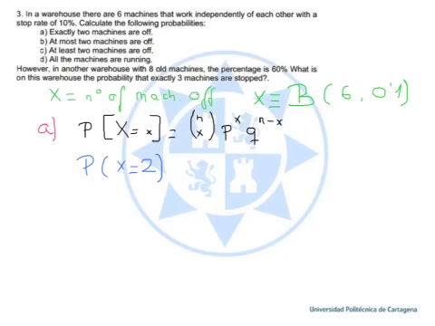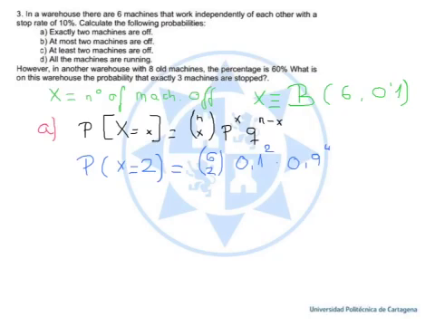Applying the properties of the binomial distribution, we are going to use this statement to calculate the probability of x equal to 2. Now take a look. We have just replaced the values.